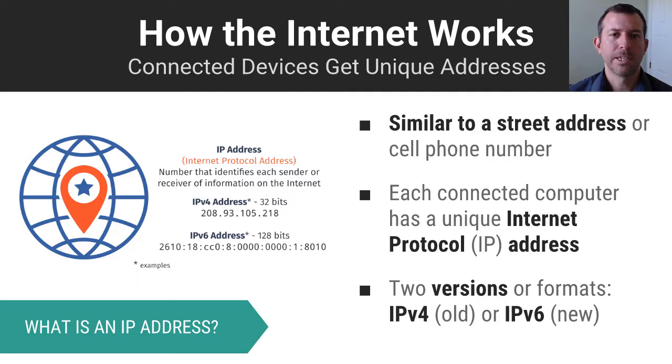The people who originally designed the internet had no idea how popular it was going to become. And so soon we started running out of addresses. So they came up with another version called IPv6. That is the longer version you see on the screen, and it is 128 bits in length. So that accommodates many more devices connected to the internet.